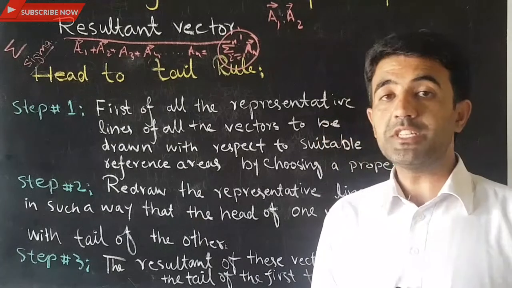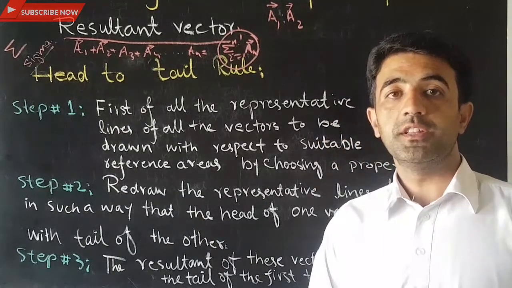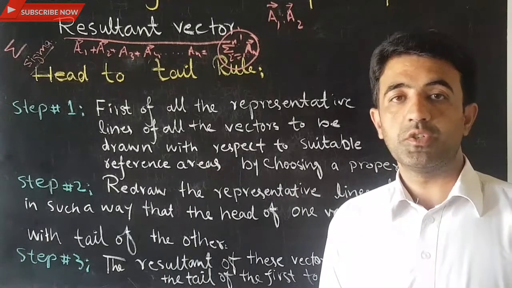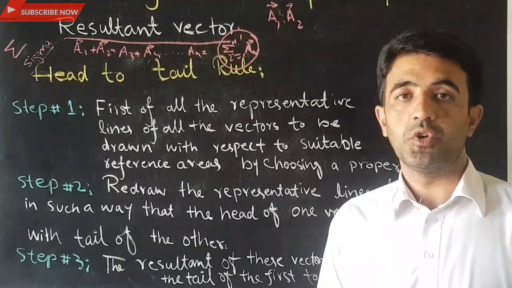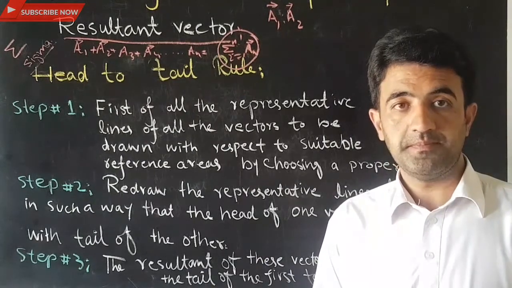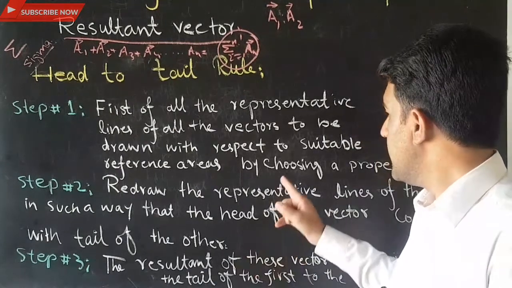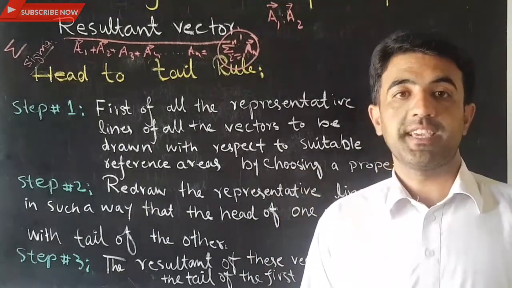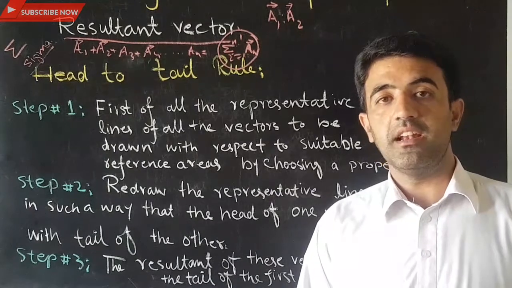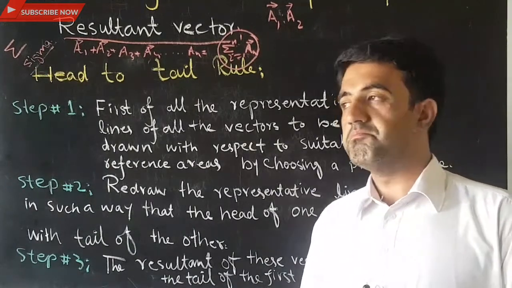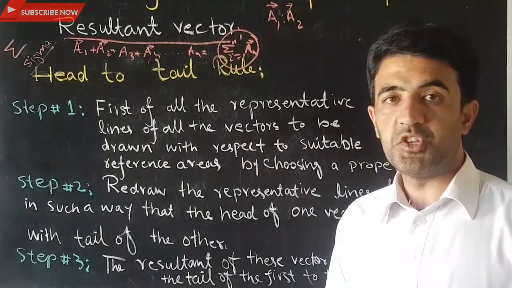It means deciding in which direction I have to put the vectors which we are going to add. First, you should select the reference axes. The second is to choose your proper scale. According to that scale, you will express the length of your vectors.